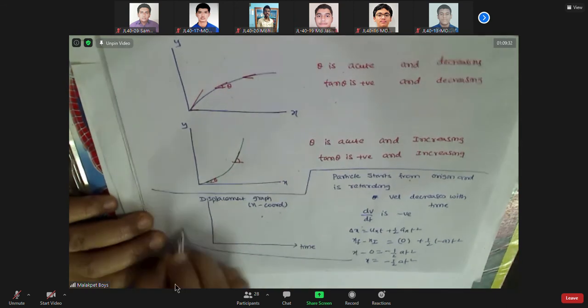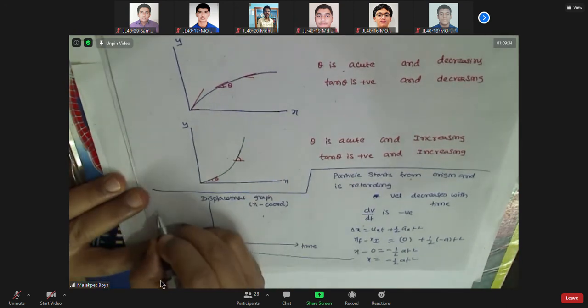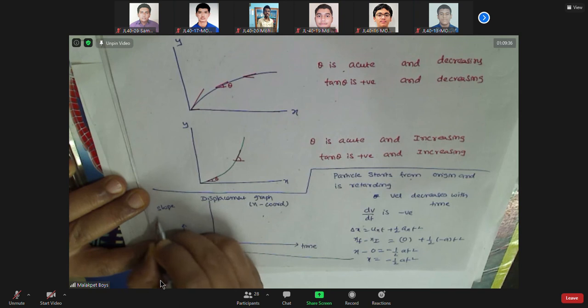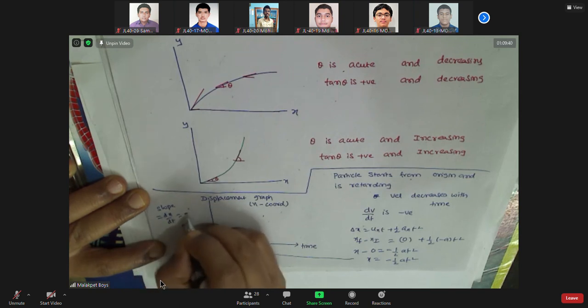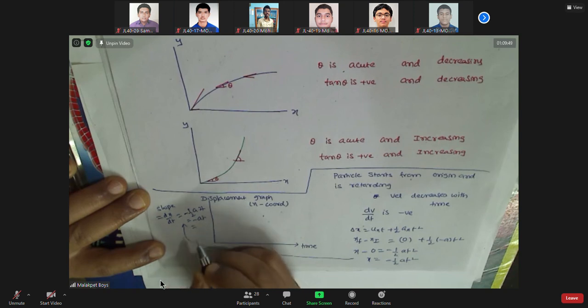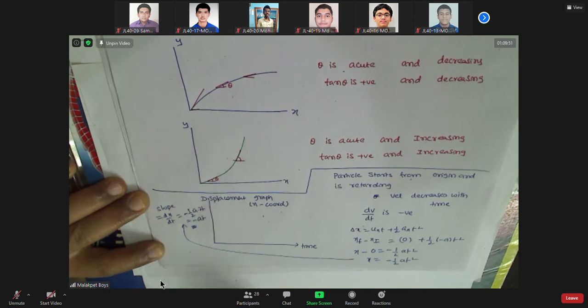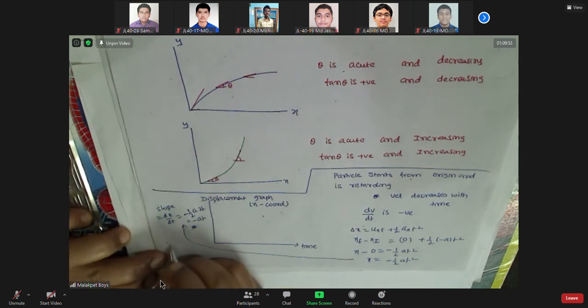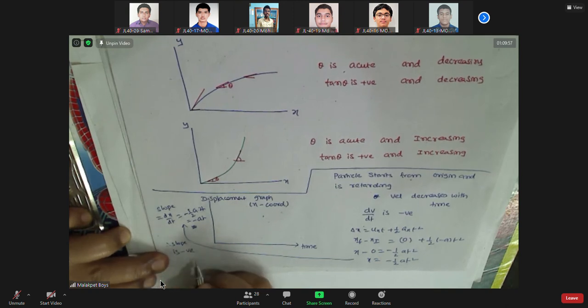So from this, can you tell what is the slope? Slope is minus half a, 2t, that is minus at. That is nothing but negative or not? Therefore, slope is negative and is decreasing or not? Yes, sir.